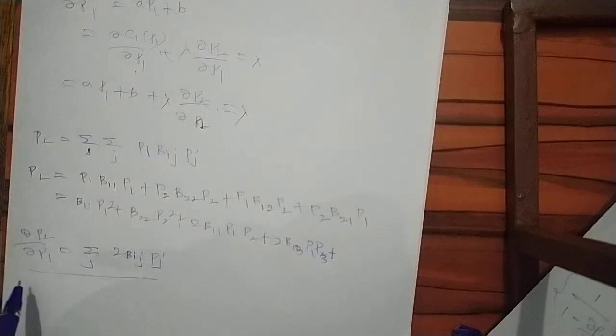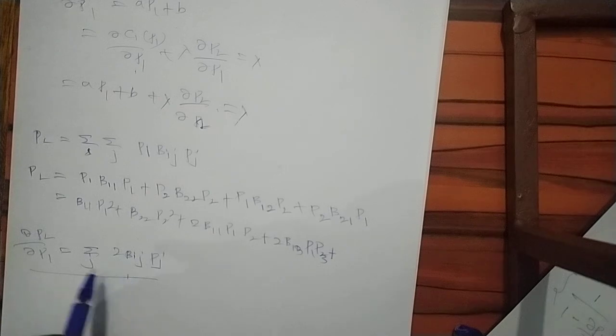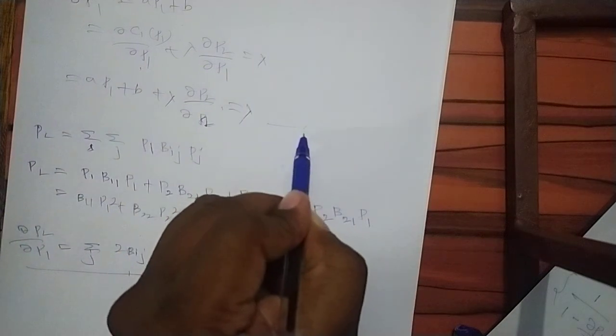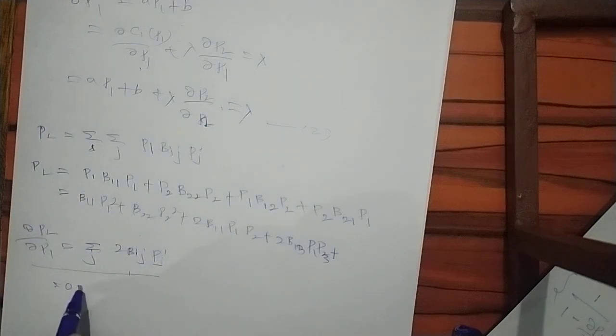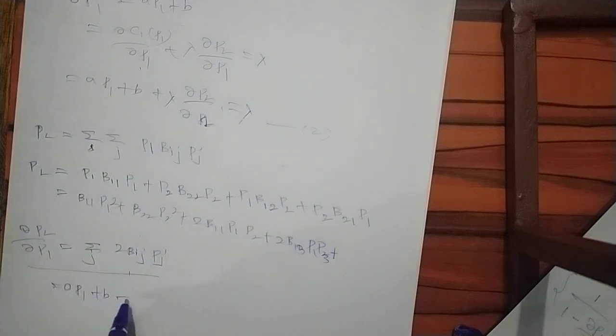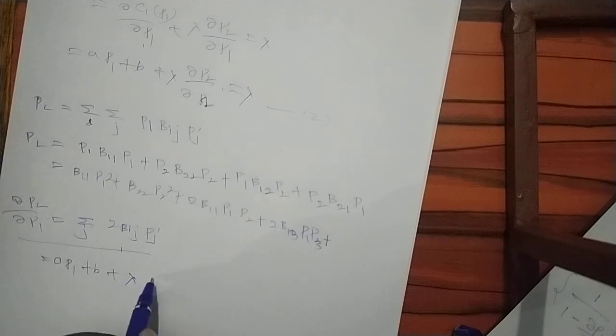I will replace this term in the previous expression, taking this as equation 2. So it becomes a P1 plus b plus lambda times 2 times the summation over j of B1j Pj is equal to lambda.